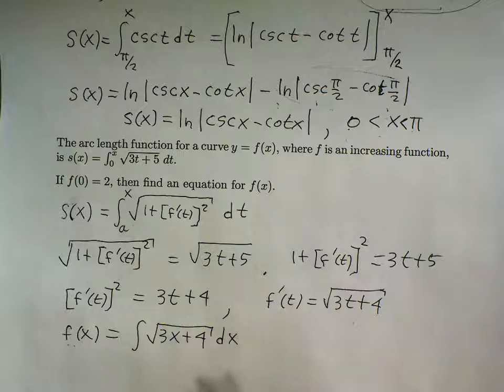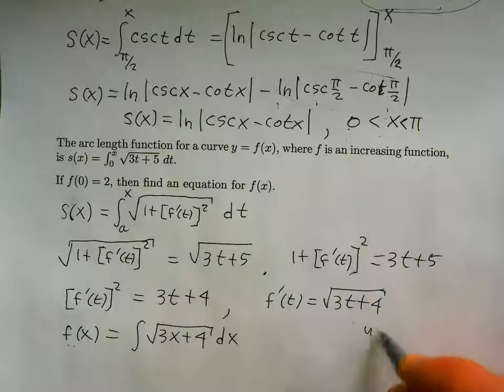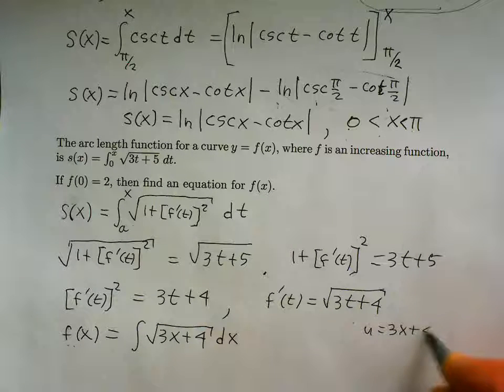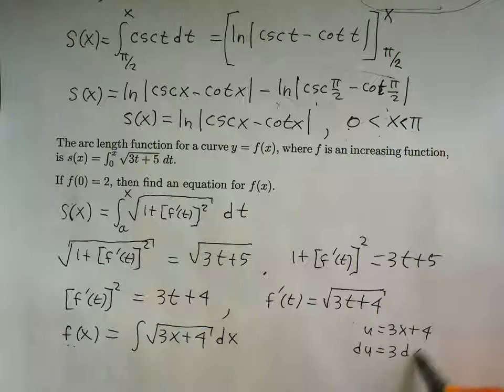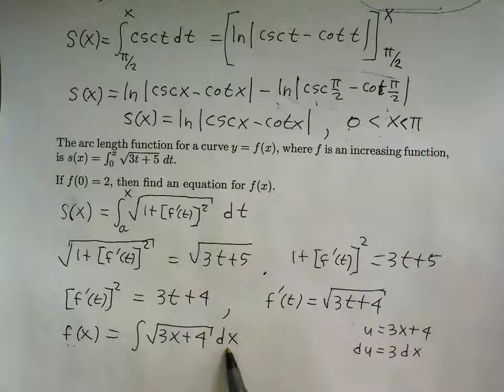So using the substitution rule, if u is 3x plus 4, then du is 3 times dx. So we need 1/3 du equals dx.